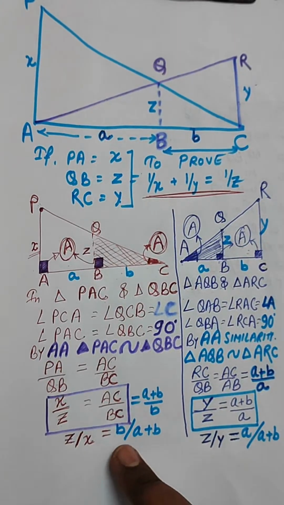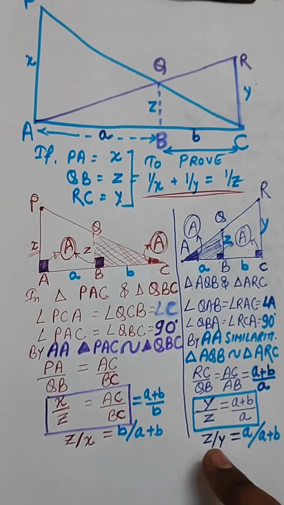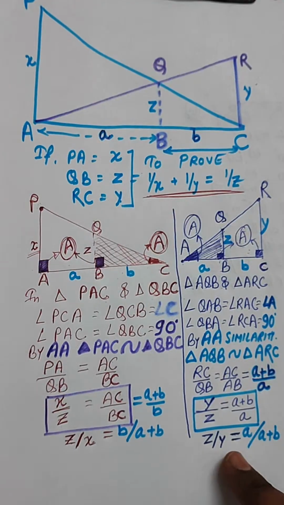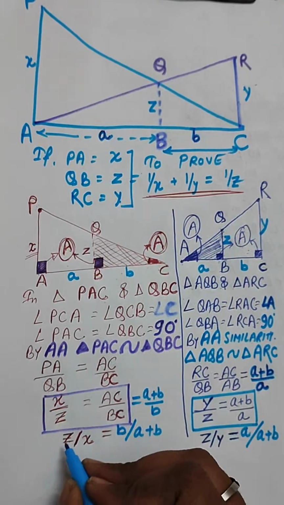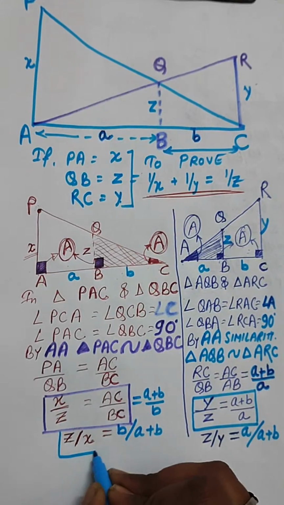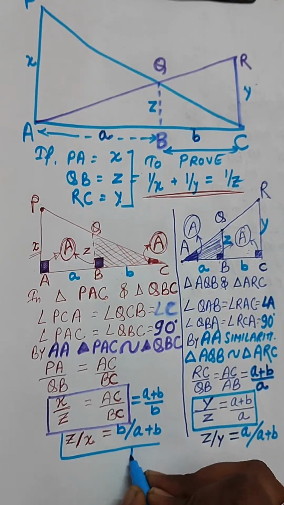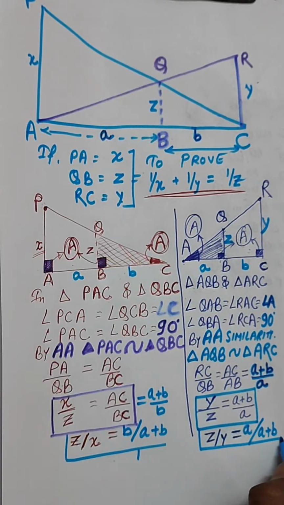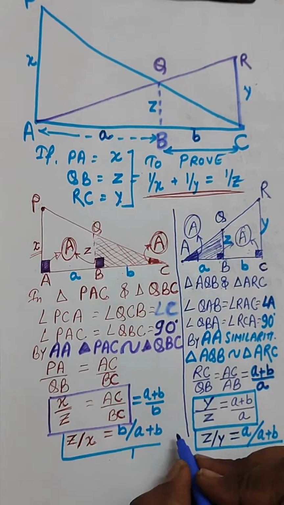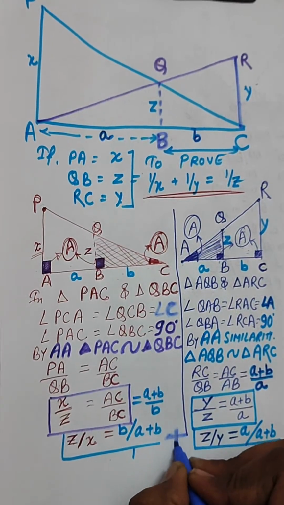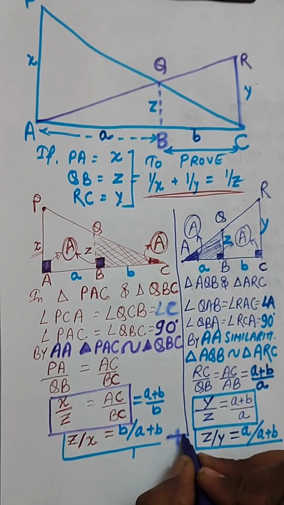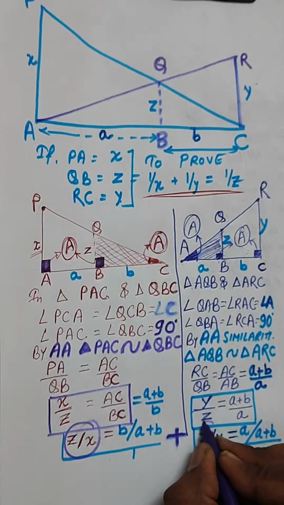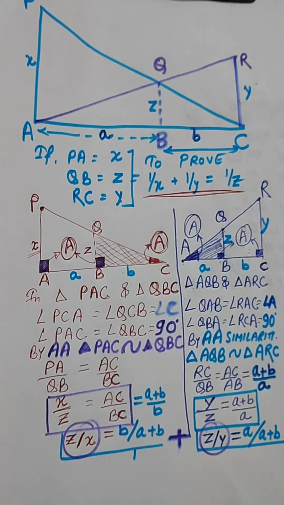Now z by x is b by a plus b, z by y is a by a plus b. When you just add LHS and RHS, just add this equation and this one. Then z by x will be added with z by y.